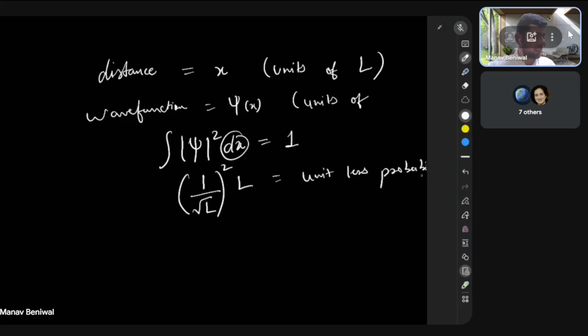Because probability doesn't have any units, so it has units of 1 by under root L, which means that we cannot think of a wave function like distance. Both of them are separate things, okay?